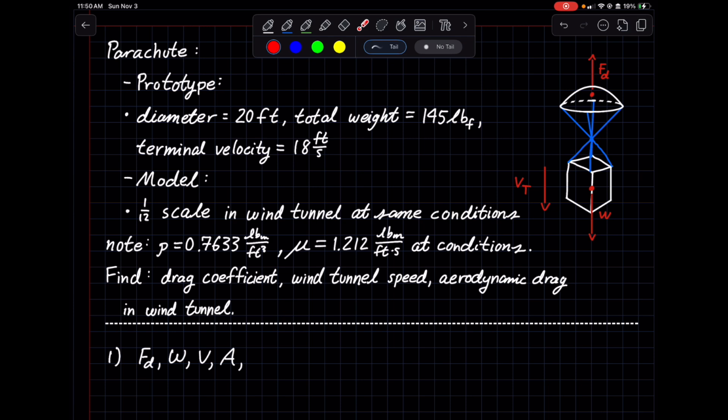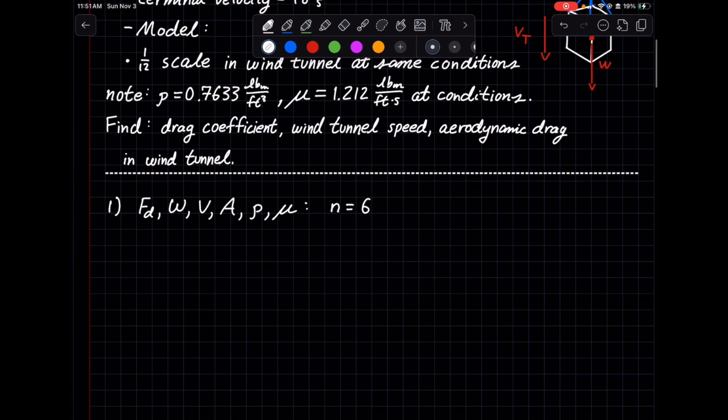Area is length times width, so that would be L squared, but we'll get to that in a second. Then we also have the density of our fluid and our viscosity. Counting these, we have 1, 2, 3, 4, 5, 6. So our n value is equal to 6.